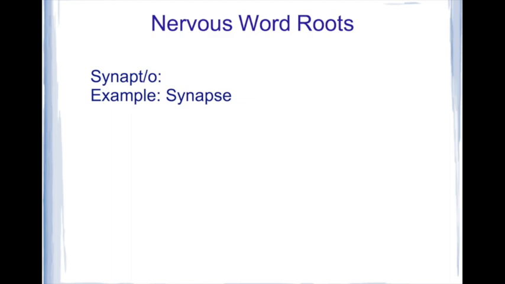Okay, synapto, like synapse. This is pretty much the only time you need to know this, but synapto is a point of contact. Now the prefix syn, which synapse applies to as well, means together.